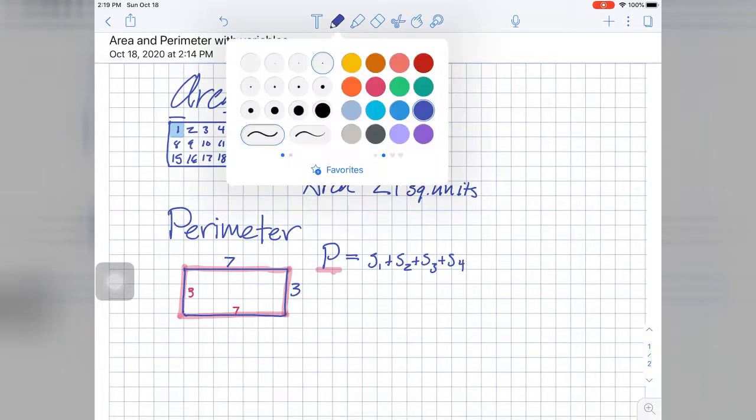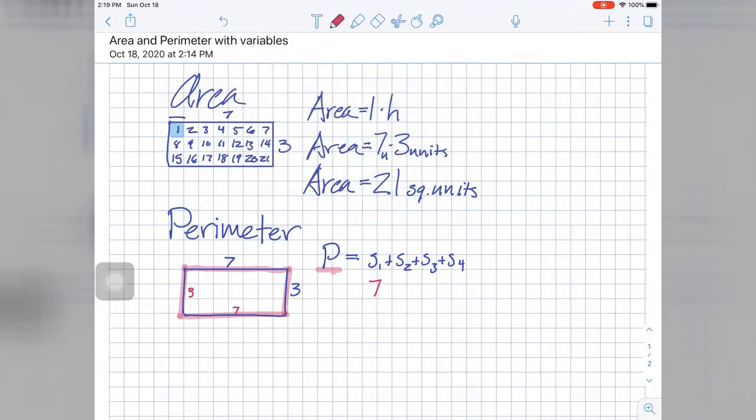So when I visualize it, I do 7 plus 3, which I know is 10, plus 7 plus 3 again, which is 10 more. So the perimeter is 7 plus 3 plus 7 plus 3, which is the same as 10 plus 10, which is the same as 20.